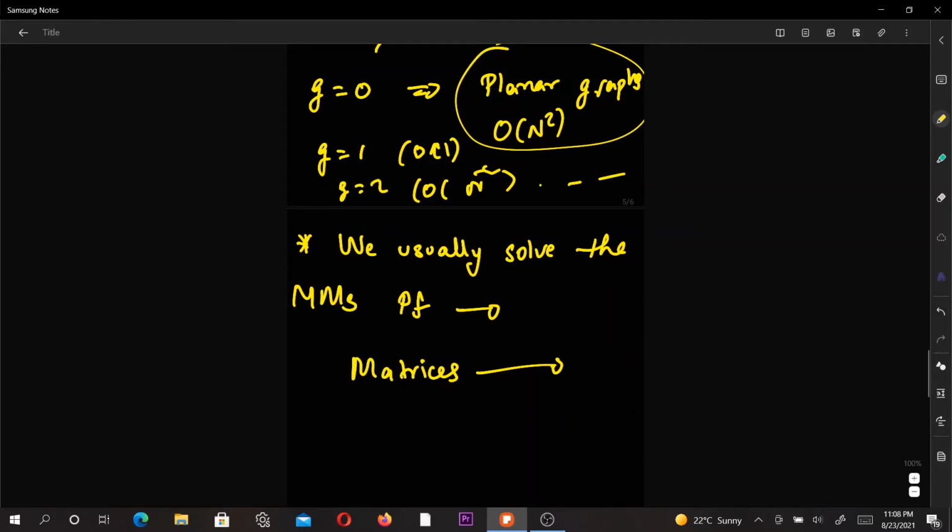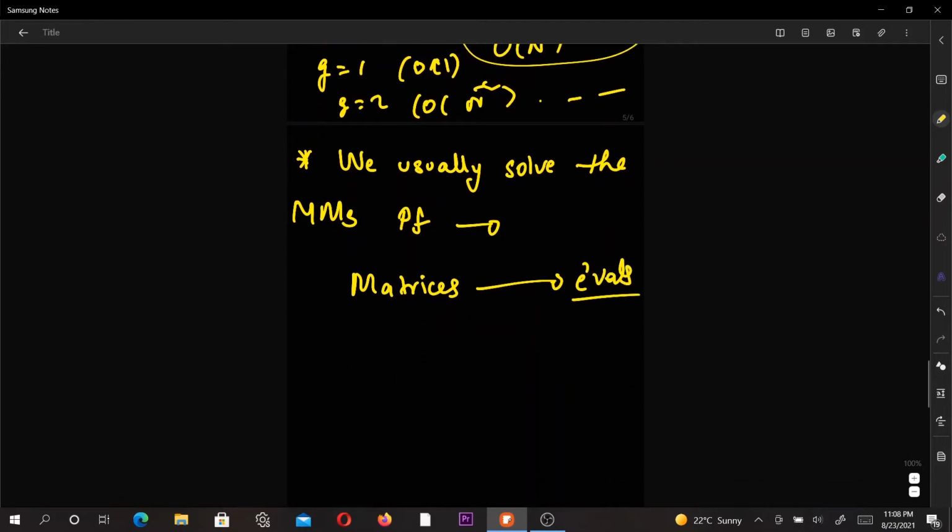When we have a Hermitian matrix, you have N squared real parameters, but if you have eigenvalues, it's just N parameters.